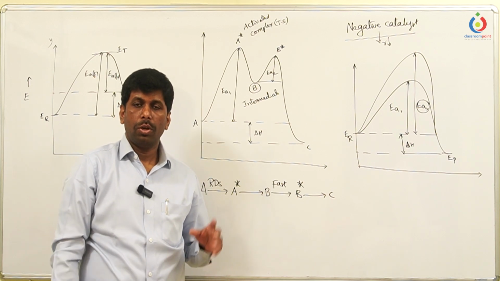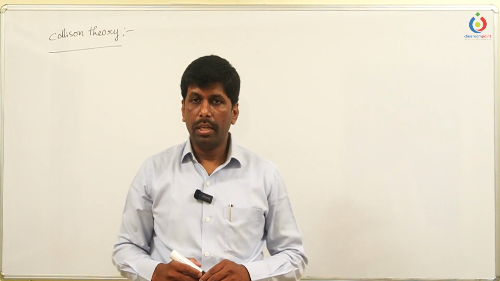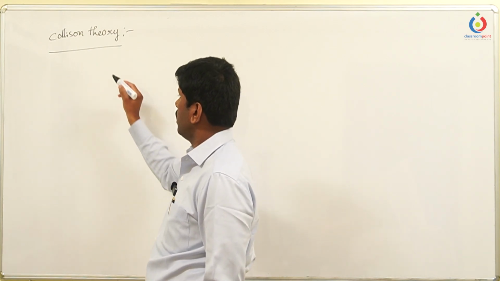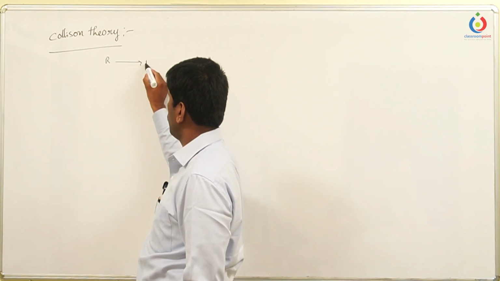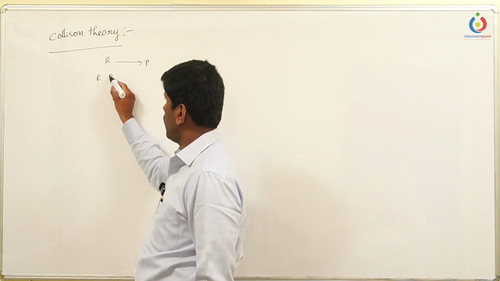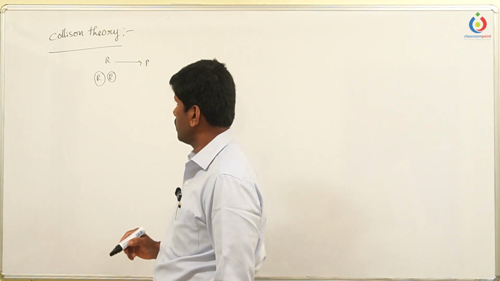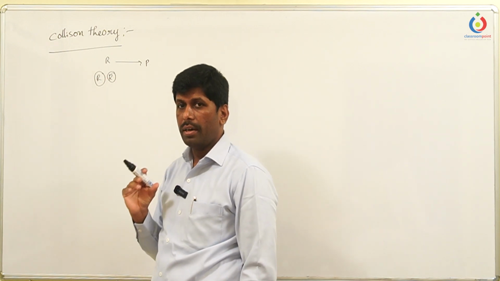Now let us see the collision theory also. Collision theory mainly focuses on two things: to convert the reactant molecules into the products, the reactant molecules must collide with each other. And during this process, collision theory considers that every reactant molecule is a hard sphere.